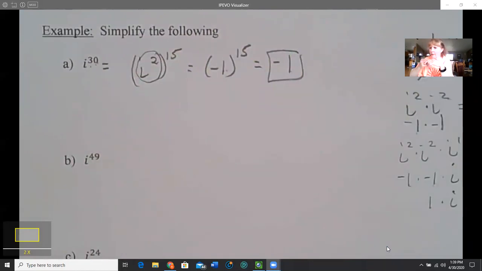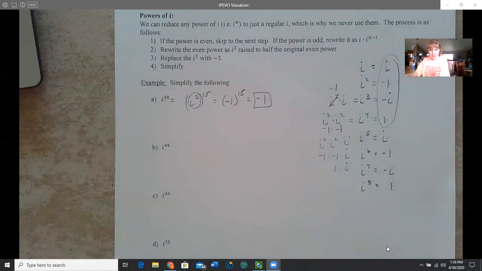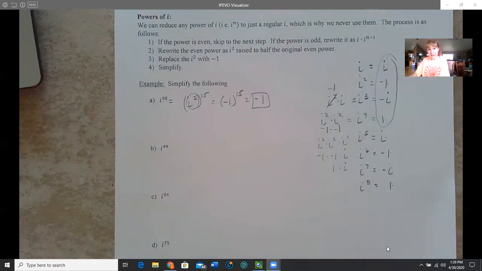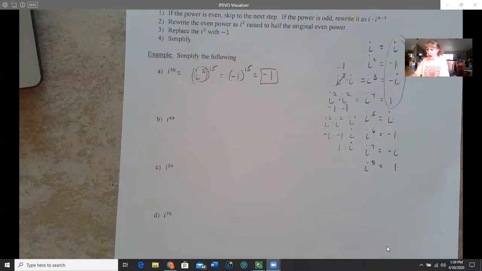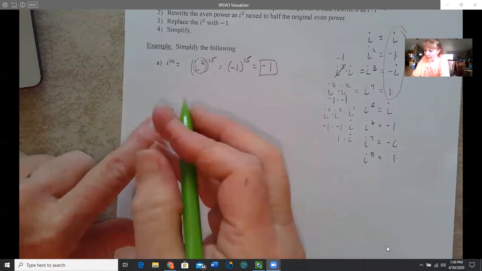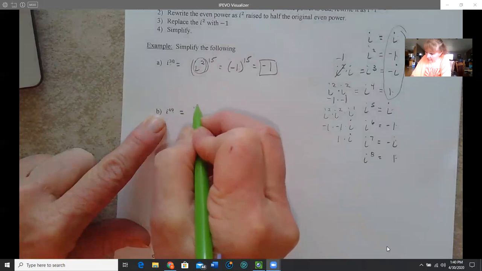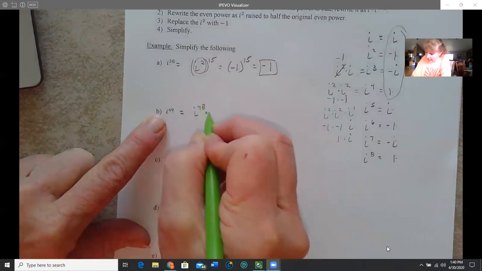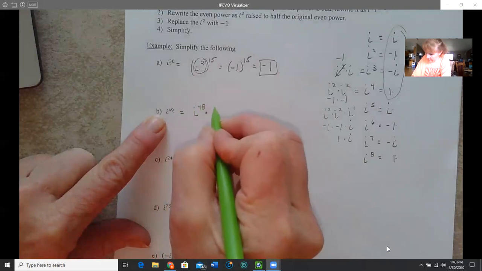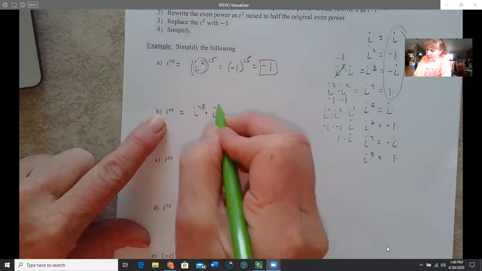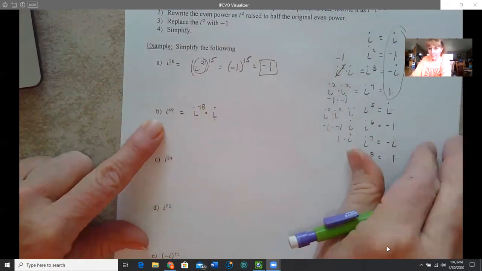Let's look at the 49. Now, in order to do this, I need this to be an even. So I am going to make this i to the 48th times i. I'm going to take out an i here.